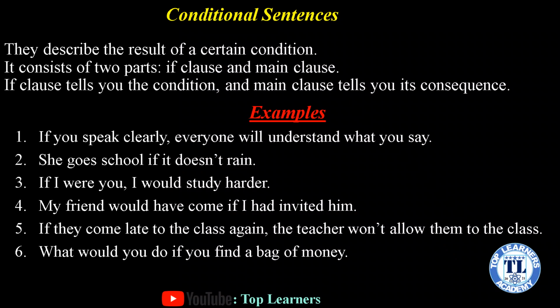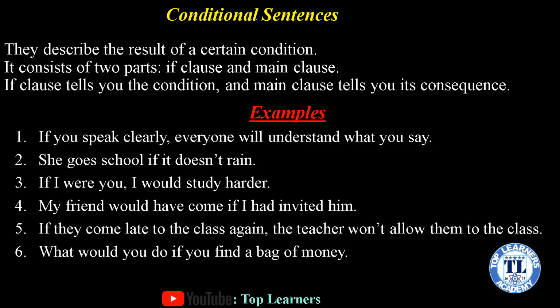If you pay close attention, in all of these examples, we have two parts, one if clause and one main clause. Sometimes we use if clause at the beginning, while sometimes we use main clause at the beginning.